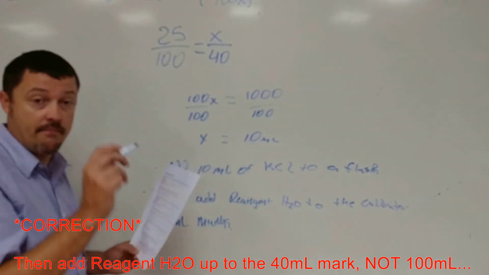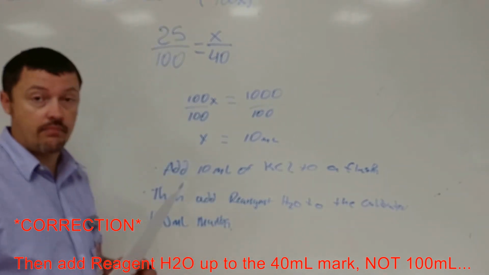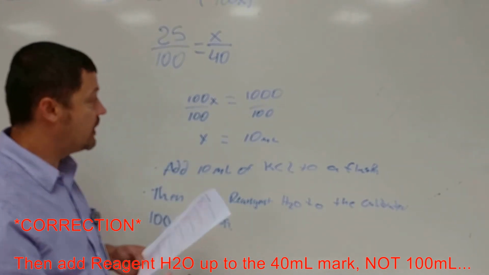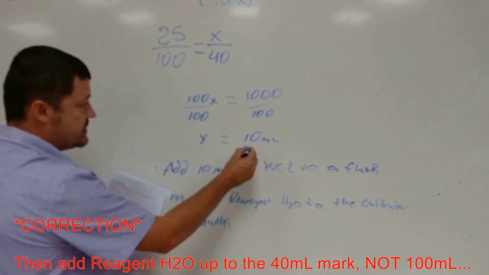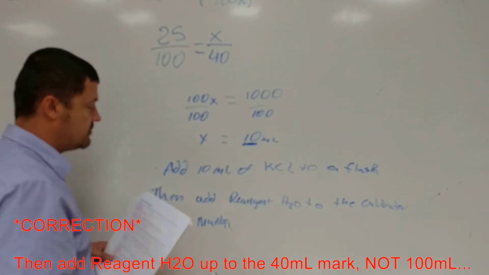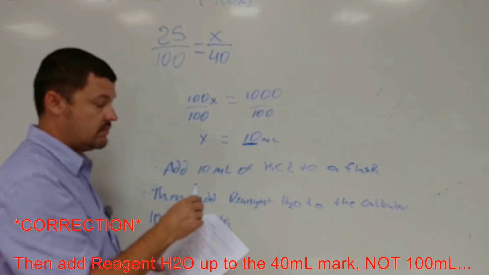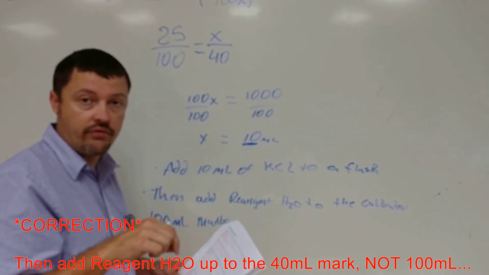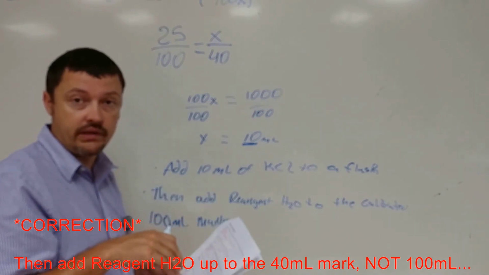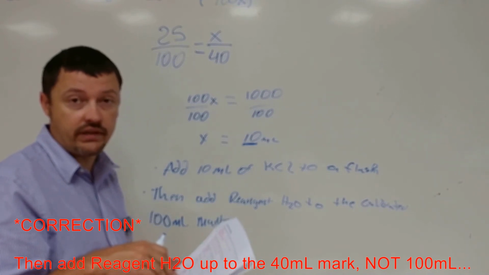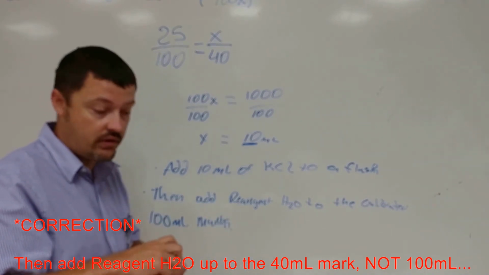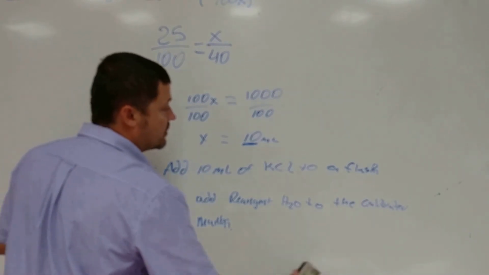If you add up to that 100 milliliter mark, that is going to be your whole. So 10 milliliters, then add your DI water up to your 100 milliliter mark, and that's going to give you your final concentration. All right?